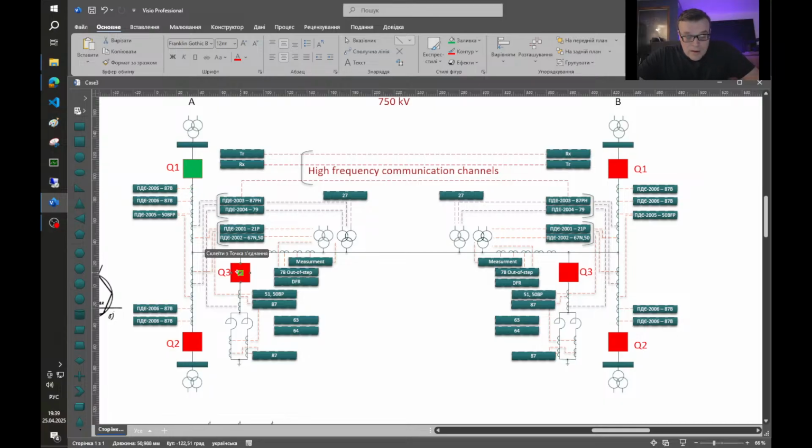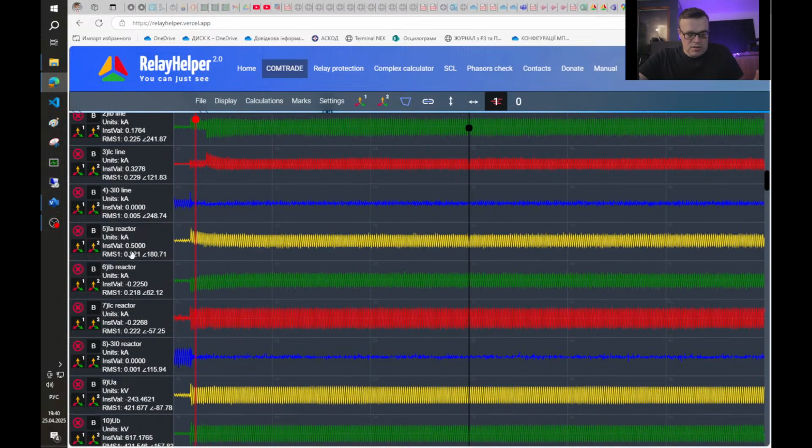On the opposite end, operational staff enables this semi-automatic scheme, and when the line is energized from substation A side, during 30 milliseconds from the substation B side it will be switched with all controls from substation B side through the scheme, and this record is showing this process.